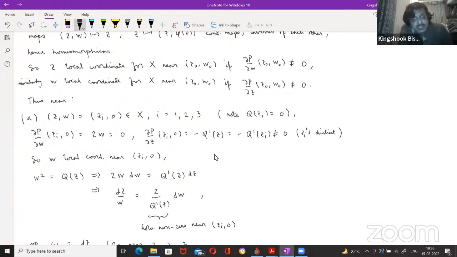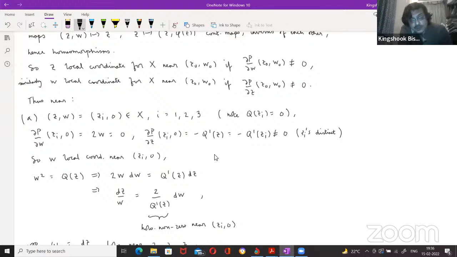So now I look at the equation w squared equal to q(z). If I take derivatives on both sides, this tells me that 2w dw is equal to q'(z) dz. So I can solve for dz over w. This becomes equal to 2 divided by q'(z) dw.